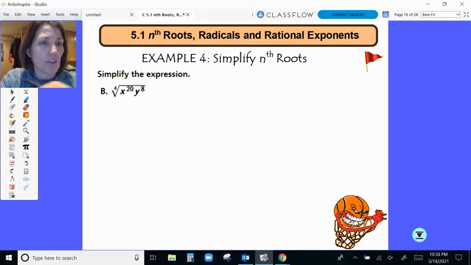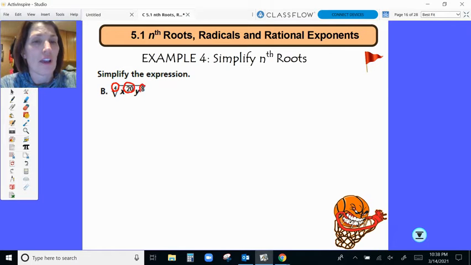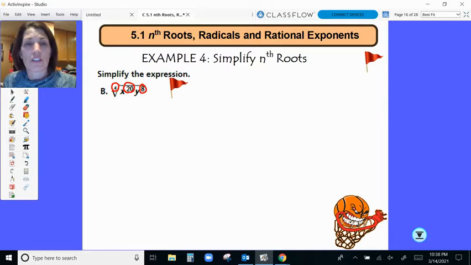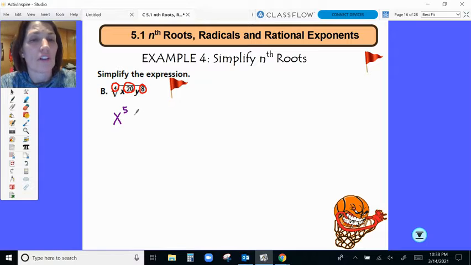Now this one, we should have our eyebrows raised a little because we have an even root and two even powers, okay? So I'm a little bit concerned there, so I want to raise a red flag on that one and watch out when we're finished simplifying to see if we have any odd powers. We have x, the 20 divided by 4 leaves us with a 5th power.